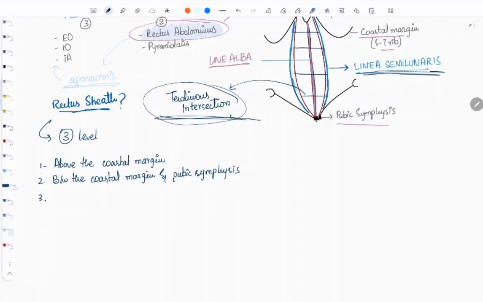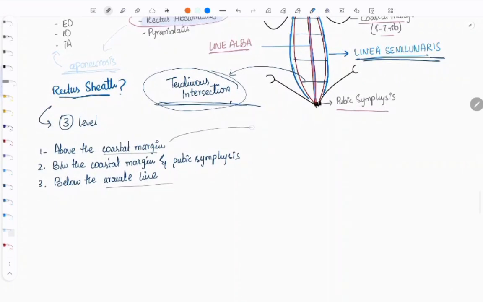And third, below the arcuate line. Before going into these three levels, let us first clear out what we mean by costal margin and what we mean by arcuate line.